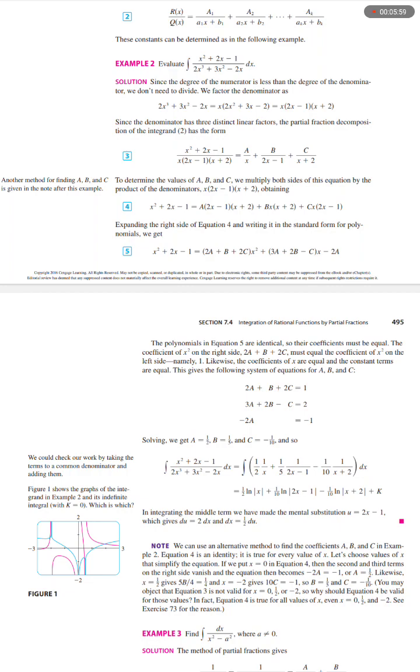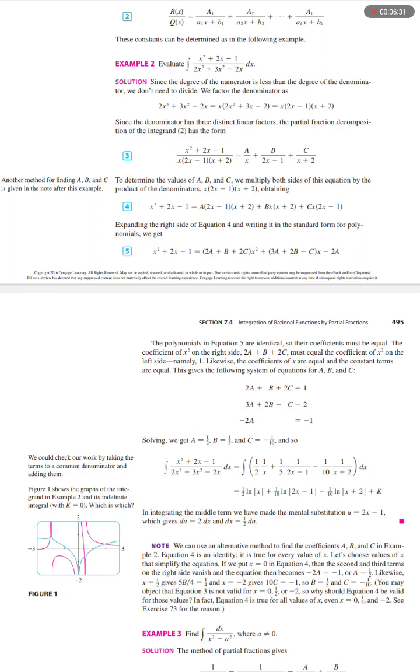We factor the denominator as 2x cubed plus 3x squared minus 2x equals x(2x squared plus 3x minus 2) equals x(2x minus 1)(x plus 2).